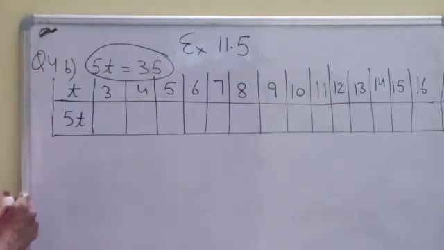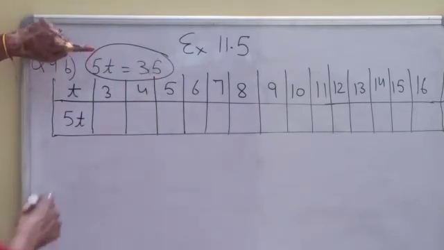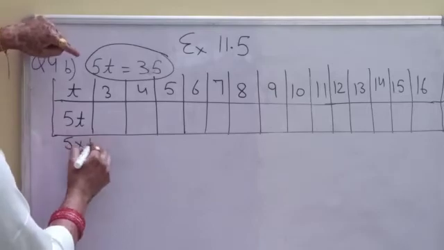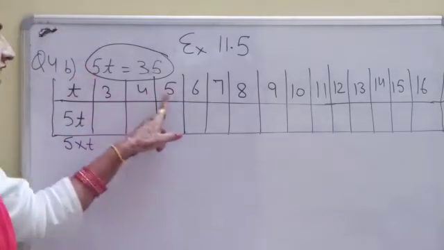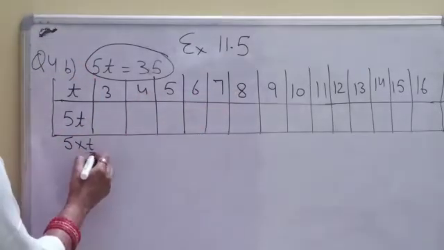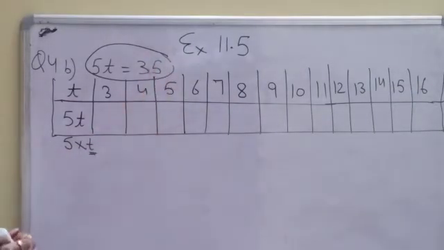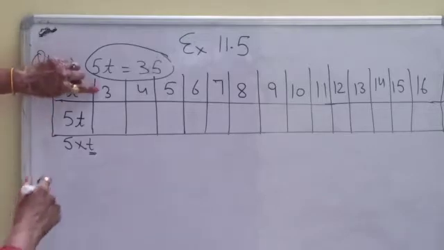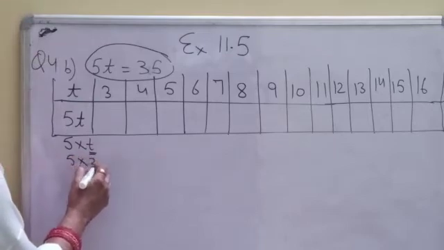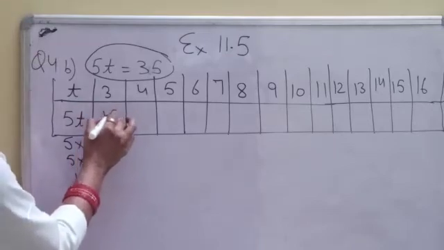So what do we have to do? 5t means 5 into t. We will keep all these values in place of t and check where we are getting this 35. Where we get 35, that will become our answer. If we place 3, 5 threes are 15.